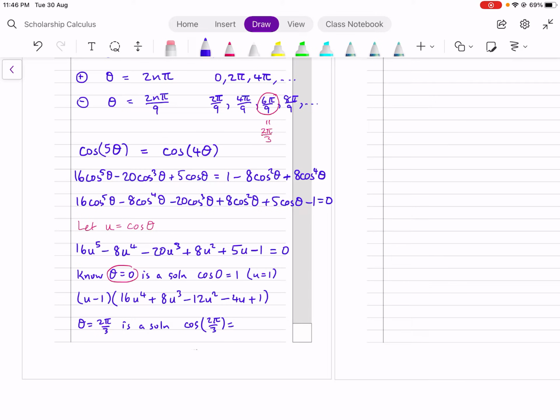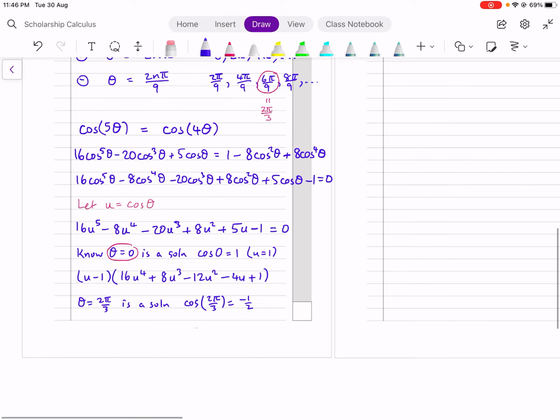If you work that one out, it's a special angle. Cos of 2 pi over 3 is negative a half, and so that's u equals negative a half, which is the same as 2u plus 1 equals 0. So that is apparently a factor. I'm using the factor theorem.